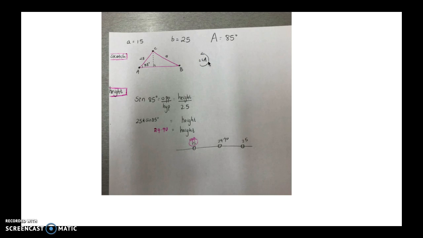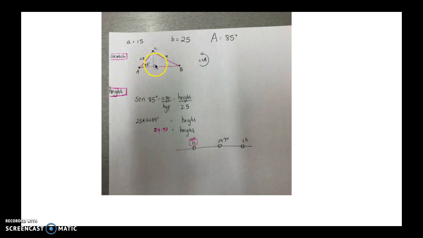We have an ambiguous case because we have to figure out if it's 0, 1, or 2 triangle solutions. That is a side, that is the next side, and that's the angle. That's why it's side-side-angle.